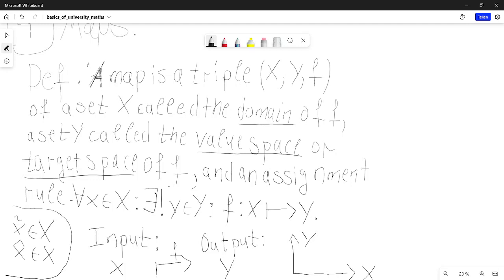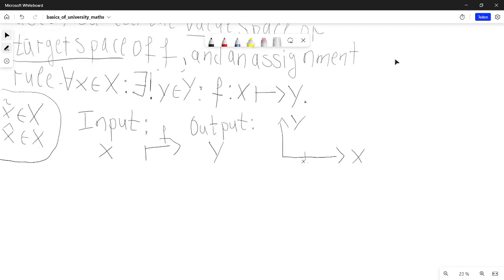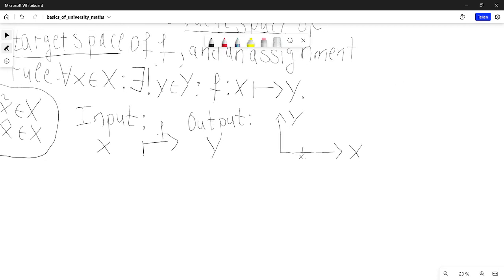And that just means, well, if I fix an element x, let's say x0, I mean, I'm just fixing some element of X, and just like in your usual Cartesian coordinate system, I have to pick one point that corresponds to it in the other set.